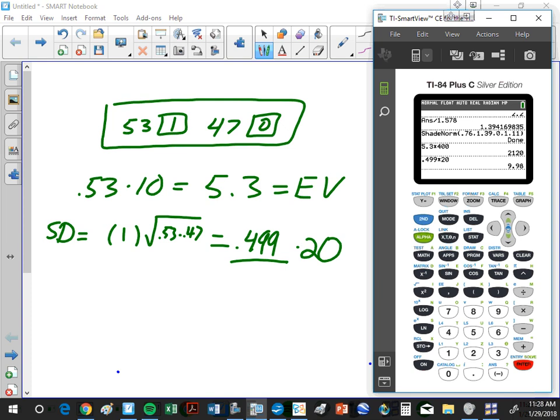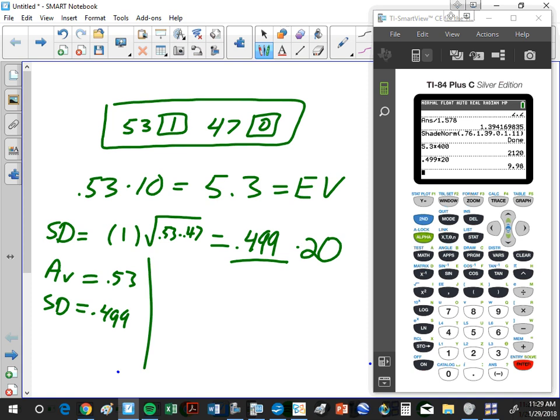So in the box, the average of the box is 0.53. The SD of the box is 0.499. Okay? If we make 10 draws, then 10 shots, he is expected to make 5.3 shots, give or take 1.5 shots.